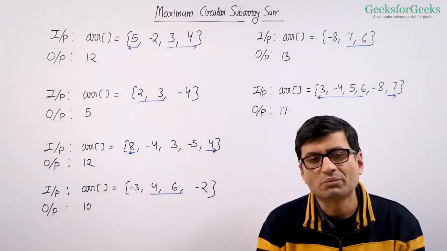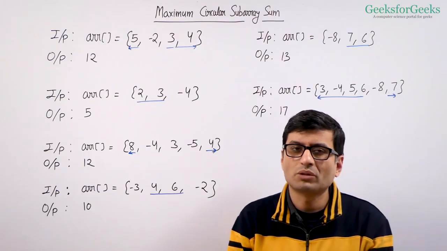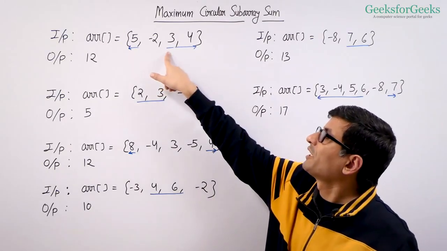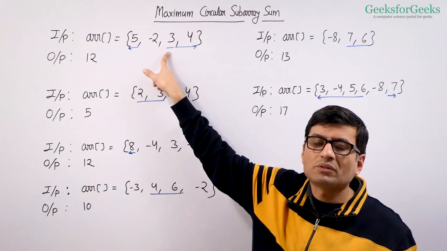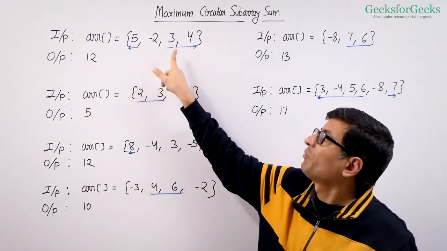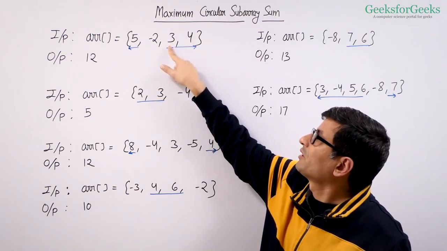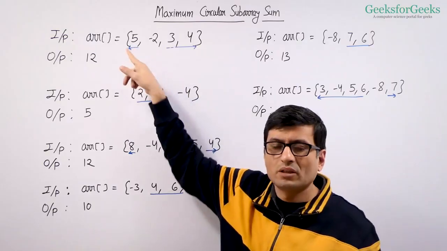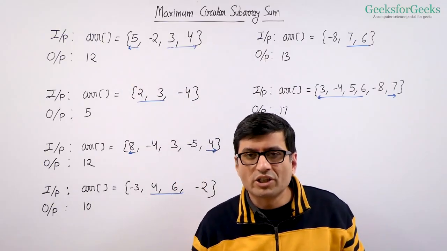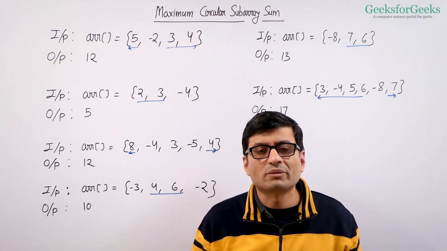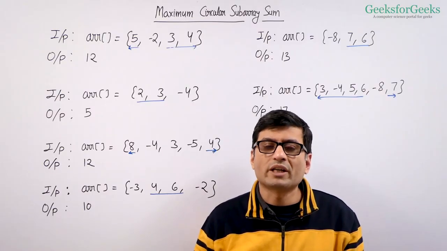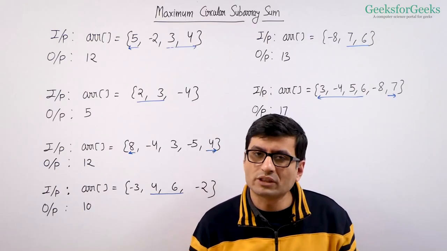Let us see more examples to get a better idea of this problem. Let's consider this array. The maximum sum that we can get is 12 by considering this circular subarray 3, 4 and 5. You can try generating all these subarrays, which are normal subarrays and subarrays obtained by connecting the last element back to the first element.